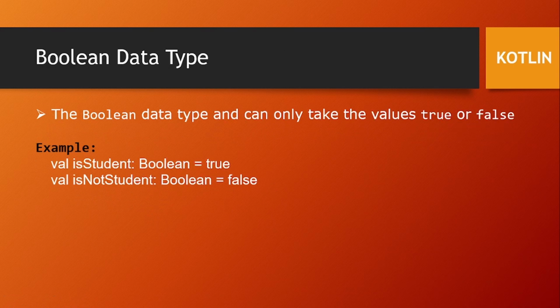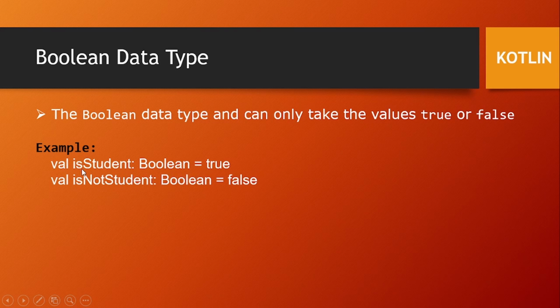The fourth category of data types is the Boolean data type. Boolean holds only true or false. The value for a Boolean data type will be either true or false.